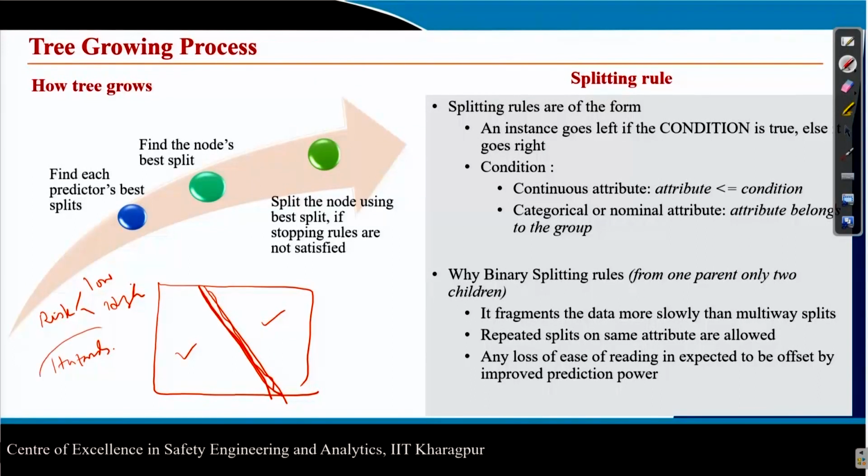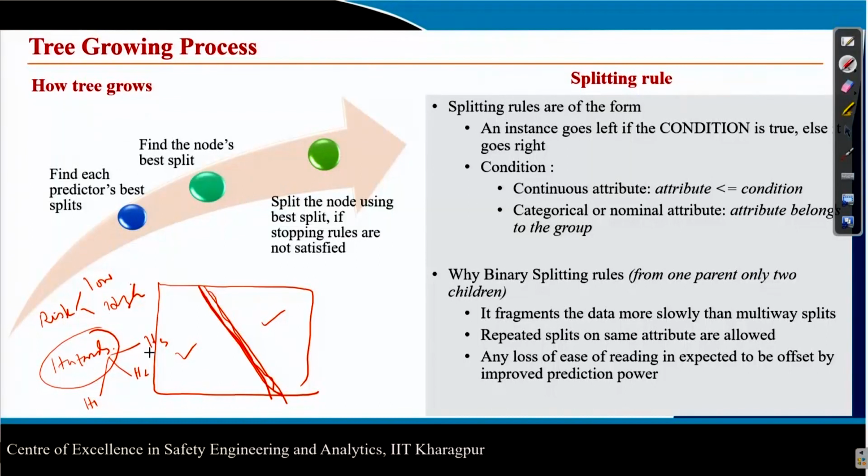So I can say hazard is one predictor variable. Now this hazard can have many categories. For simplicity, let hazard have three categories: hazard 1, hazard 2 and hazard 3.